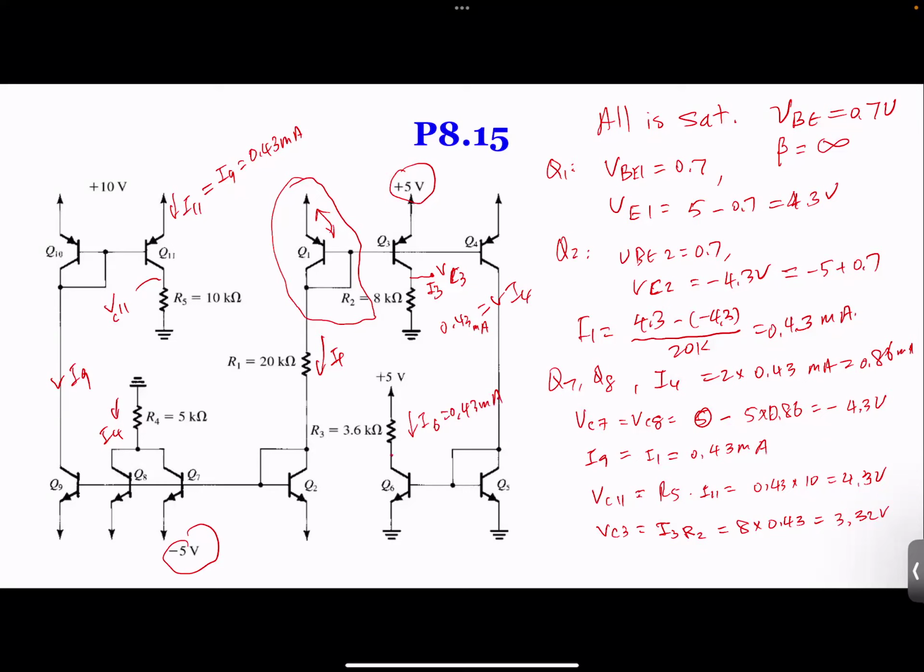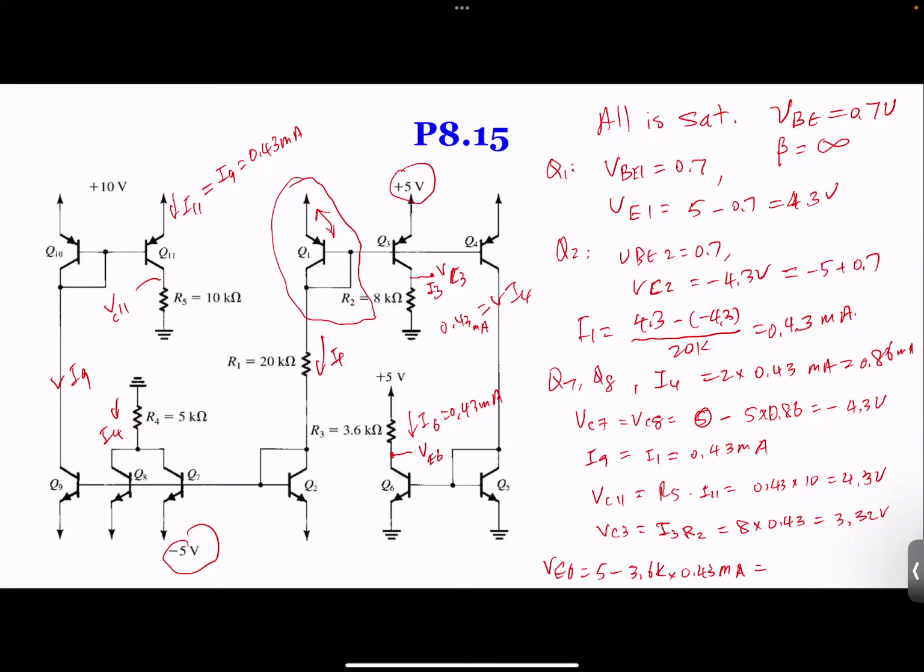And then we got VE6. So VE6 is going to be 5 minus 3.6K times 0.43 milliamps. And I have to use my calculator to get the actual number. Let me actually do this, just to give you guys the correct answer.